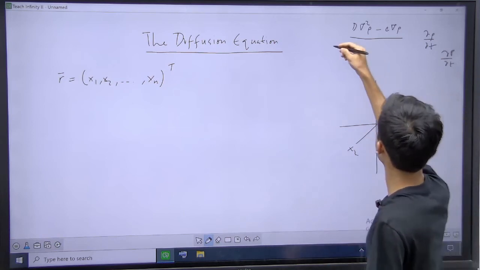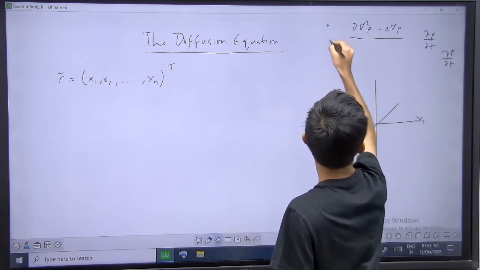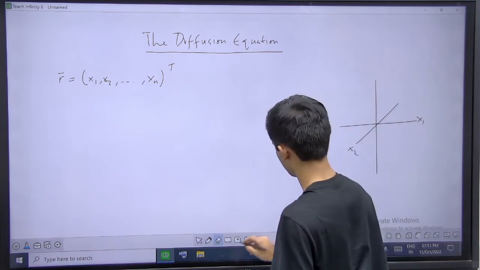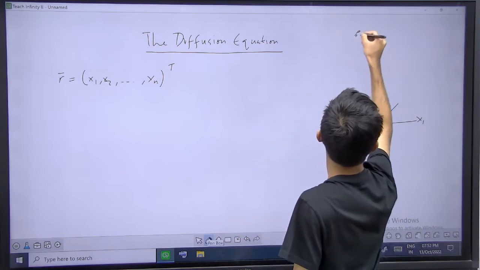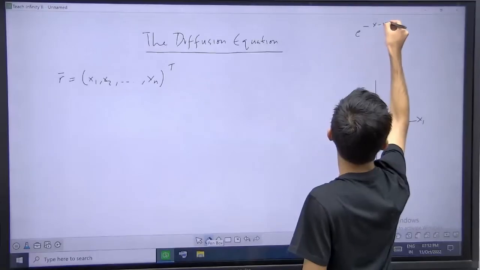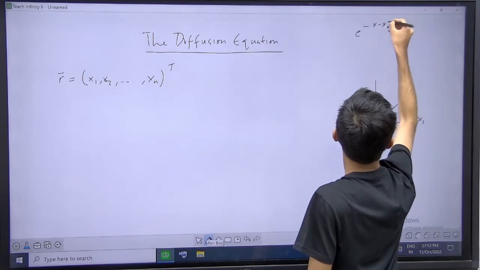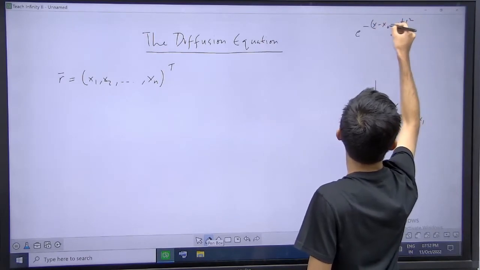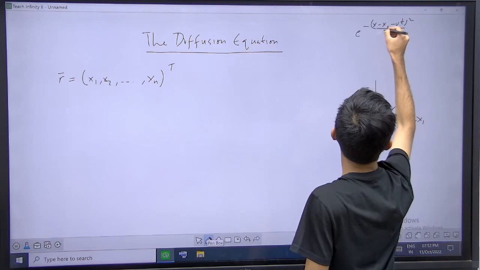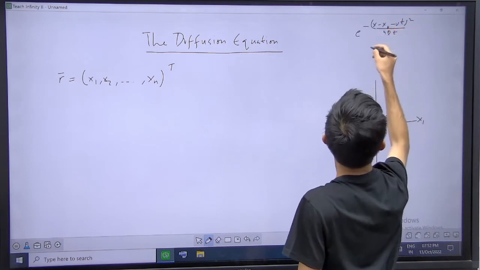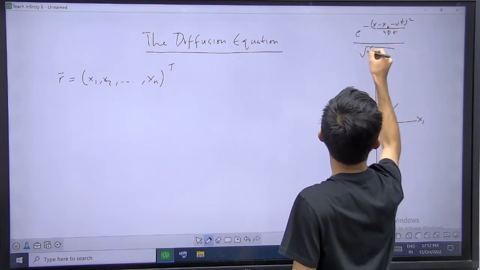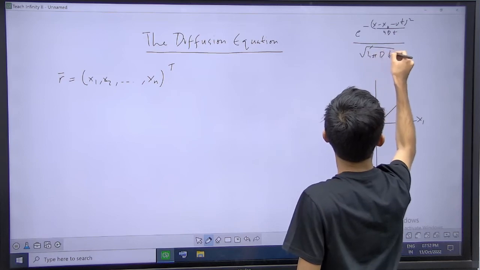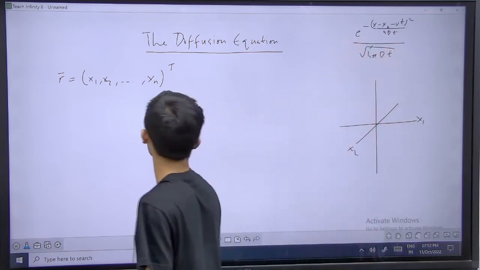And so if I again rewrite the solution we just had, yes, this was the solution we just had.